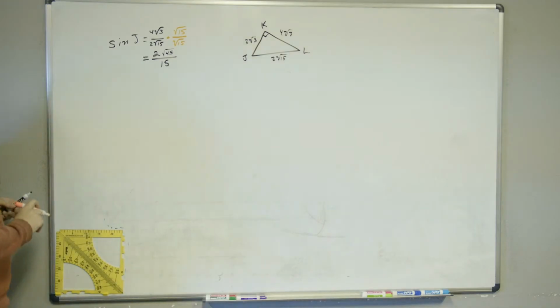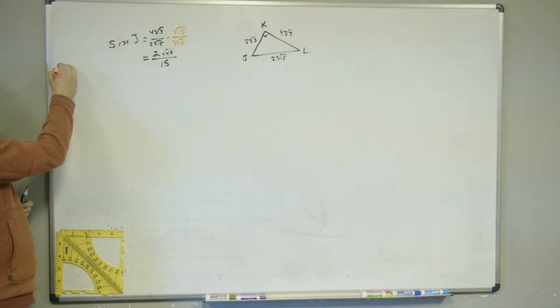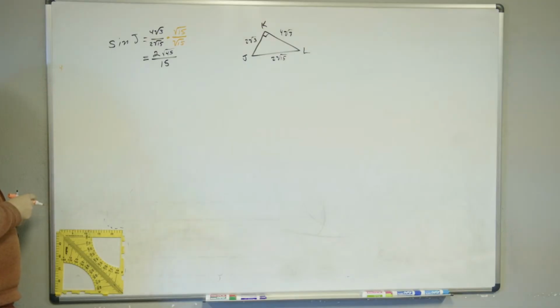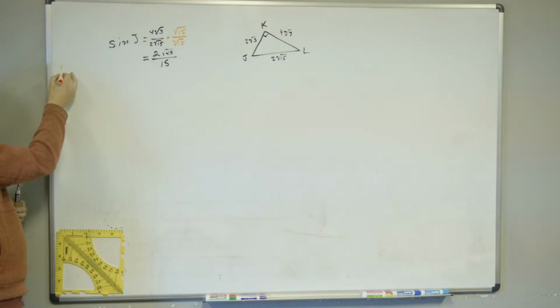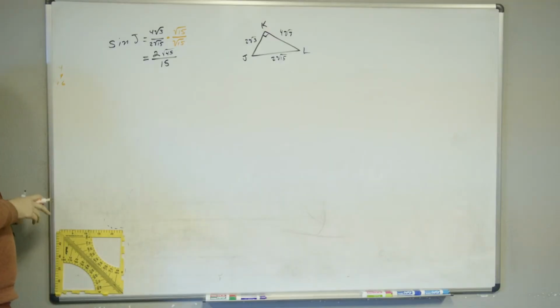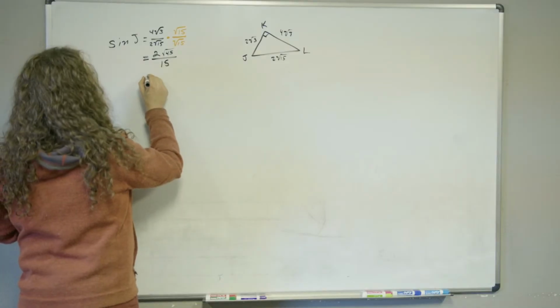Still no. You do mean 4. What else? One of those already goes into 45. Which one? 9 does. 9 times 5 is 45.